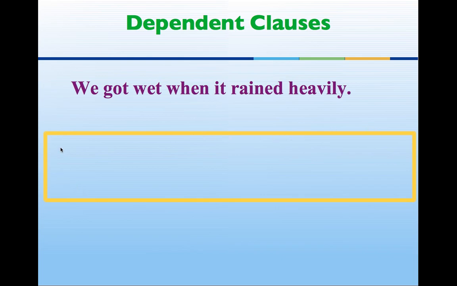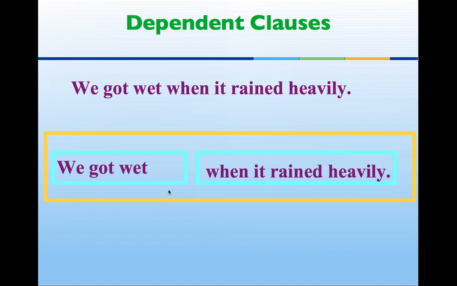We have already said that whatever is inside the big brown rectangle is a sentence. Again, the same thing: these two parts inside the blue rectangles are parts of this big brown rectangle, in other words they are clauses.